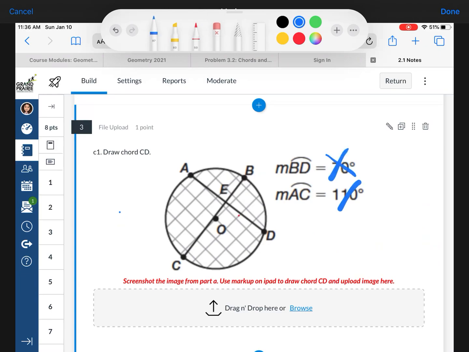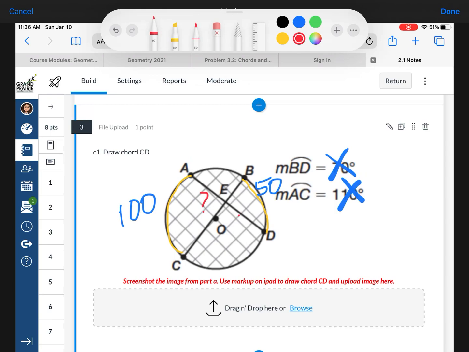So let's say instead this is not what we have. Let's say instead we have this to be 100 and over here this to be, let's say, 50. These arcs, this is 100 and this is 50. And the question is, what's the measure of this angle right here, right across from those intercepted arcs?